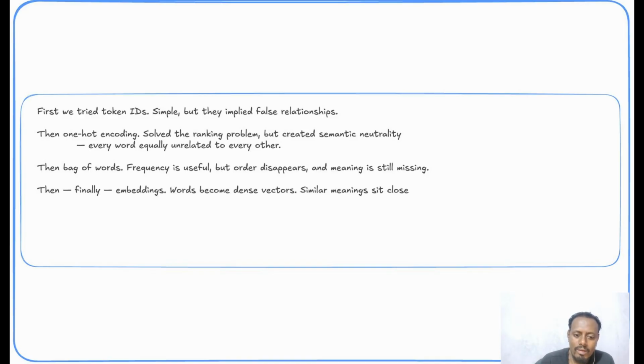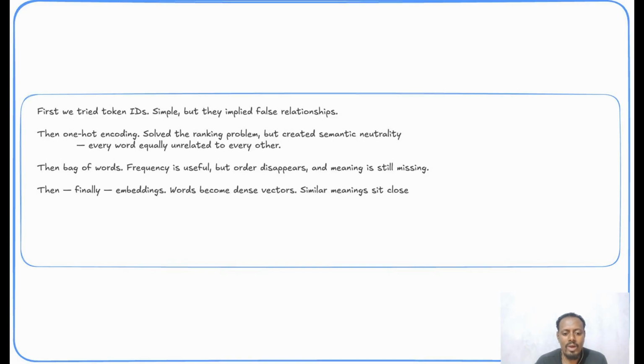And in a transformer, those embeddings get positional information blended in. So the model knows not just what each word means, but where it sits in the sentence. That is the foundation. That is how AI moves from raw symbols to something that starts to resemble understanding.